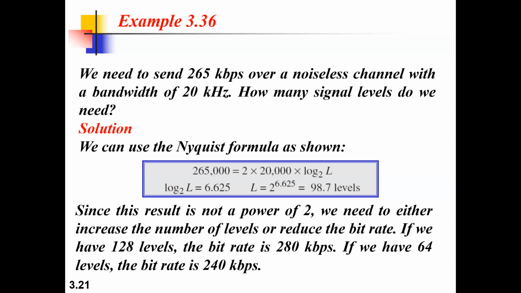So, if a question like this comes, then you have to explain your answer, showing that if we use something lower, which is 2 to the power 6, the 64 levels, then the answer will be so and so. So you will basically place 64 in place of L and calculate the answer. And likewise place 128 in place of L and show the difference.